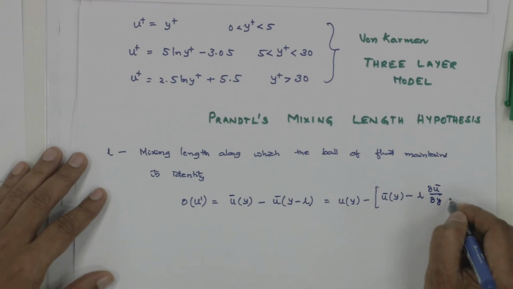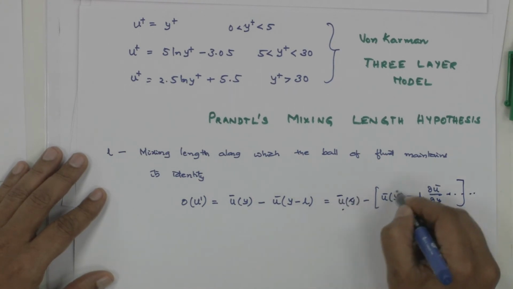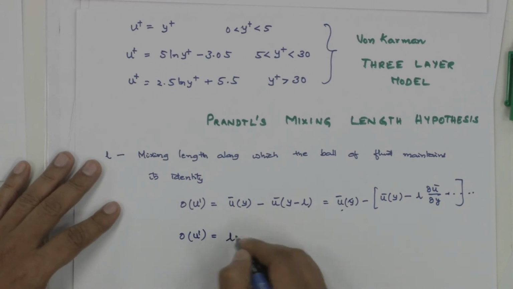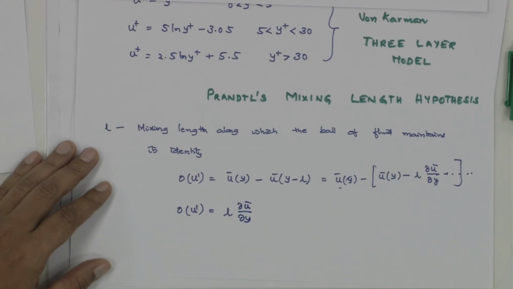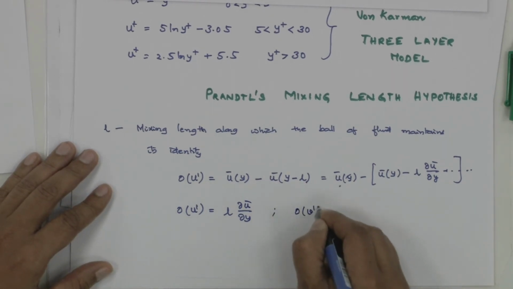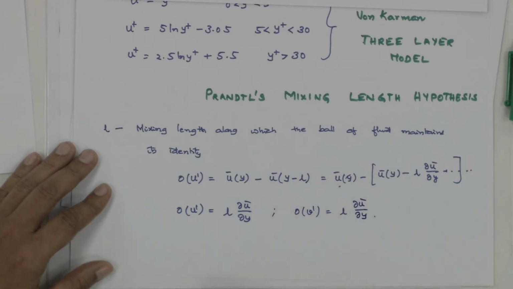This is just by Taylor's series expansion. I have neglected the higher order terms. So this and this get cancelled out, and you get the order of u prime as L del u bar by del y. Similarly, you can argue that the order of v prime is also of the same order, L del u bar by del y.